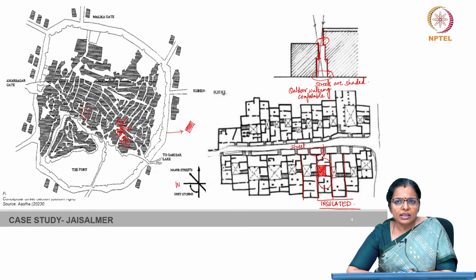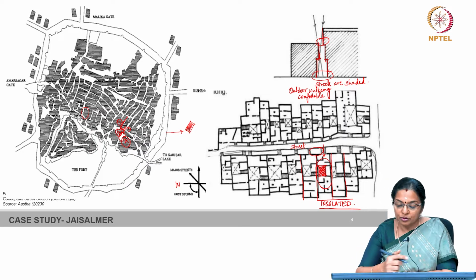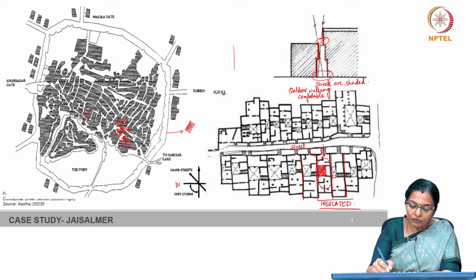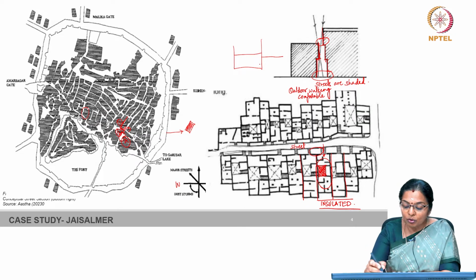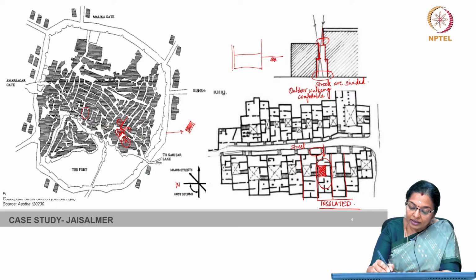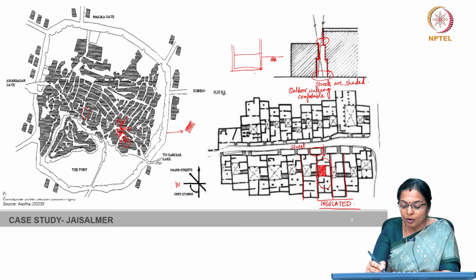So, these houses and house designs which have courtyards also have underground levels. So, what happens is some of the houses, if this is the ground level, they have spaces subterranean below the ground.